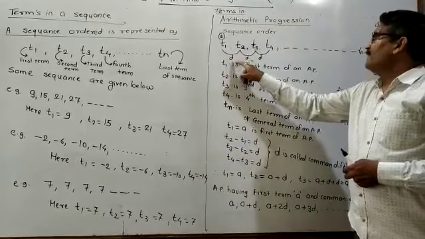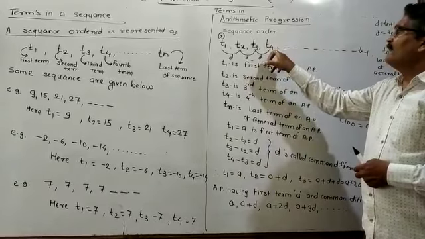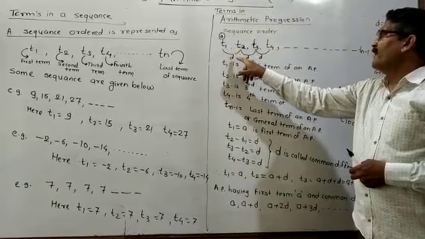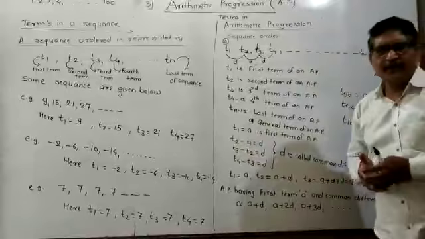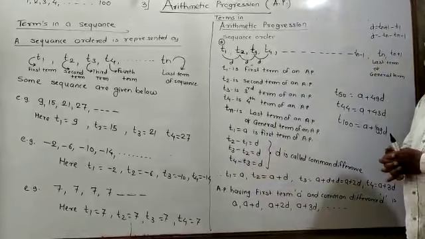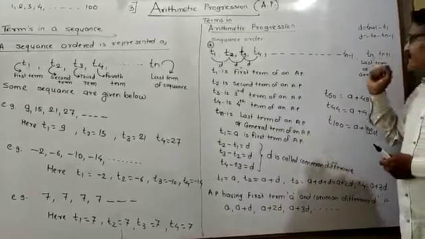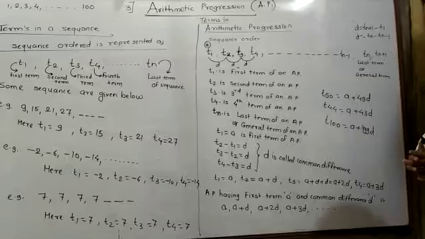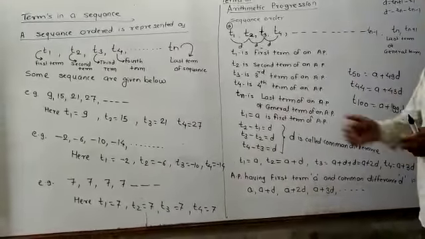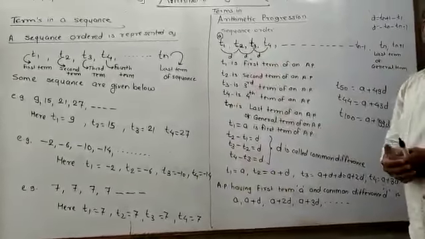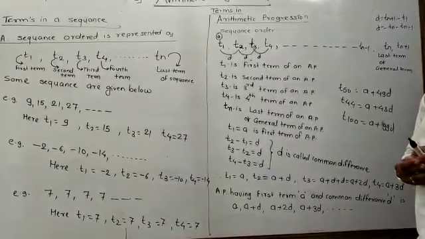If in A you add D plus D, T3 will come. If you want to write T4, in A you add D plus D plus D, meaning 3 times D, and T4 will come. In this way you have to learn properly how to represent the sequence order of the AP and the terms in the sequence. You have to try to understand each and everything, and write it in the notebook. Thank you.